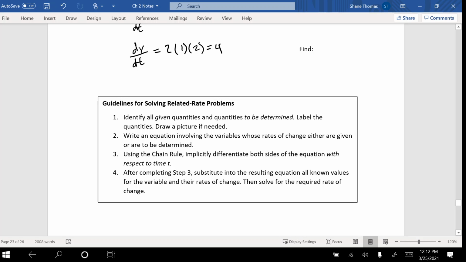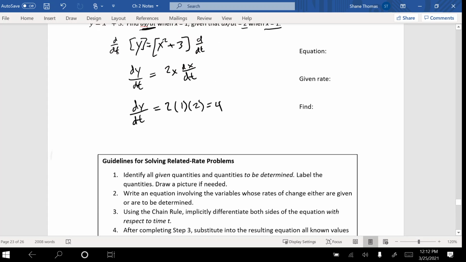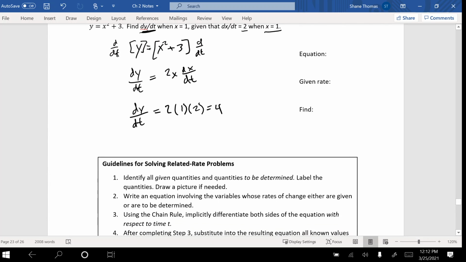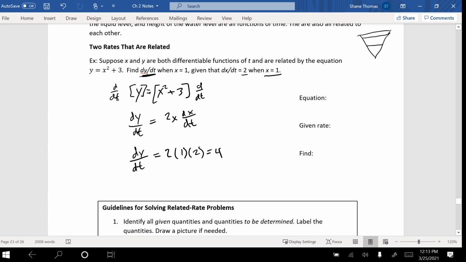All right. So if we go back here again, based off of what we were just given here, we want to take that process and apply it to this problem. So first off, what were we given? We were given that equation. Sometimes you have to come up with the equation yourself. Okay, that's what we were given.